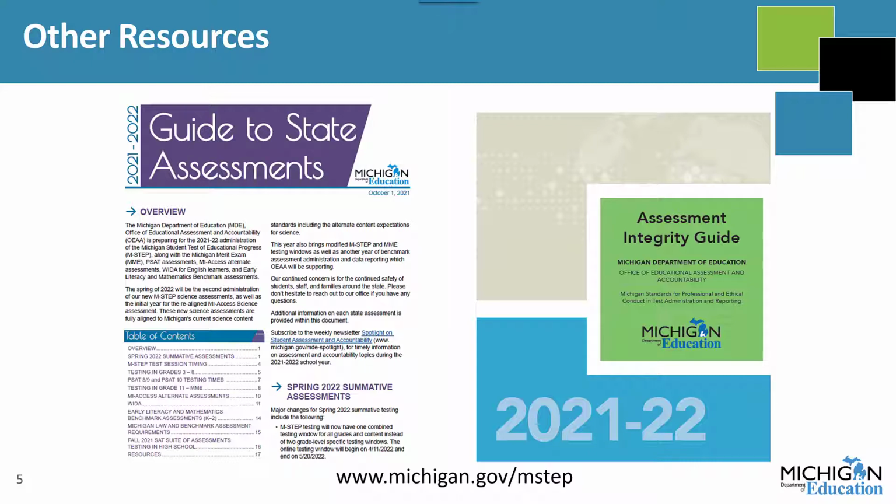The Assessment Integrity Guide has been updated for the Spring 2022 administration and should be reviewed for the updated testing policies. You can find these documents plus assessment security training by going to the M-STEP webpage. The link for the Assessment Security Modules registration is under the Professional Development section.